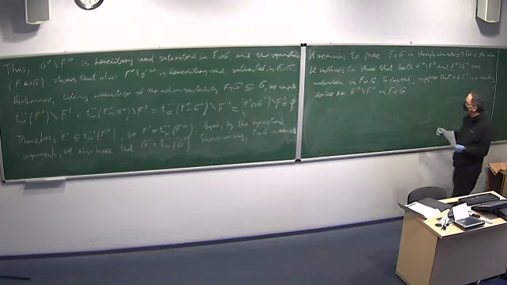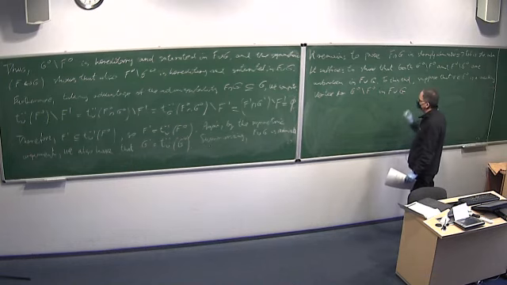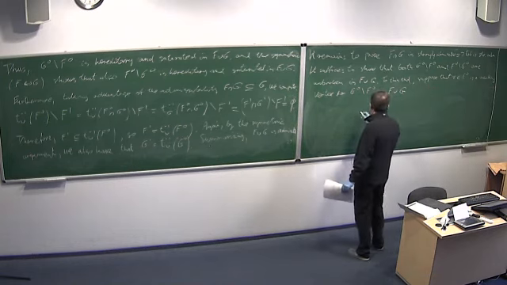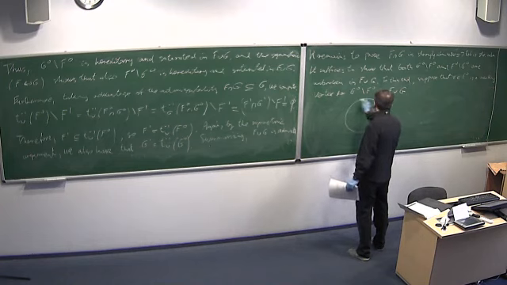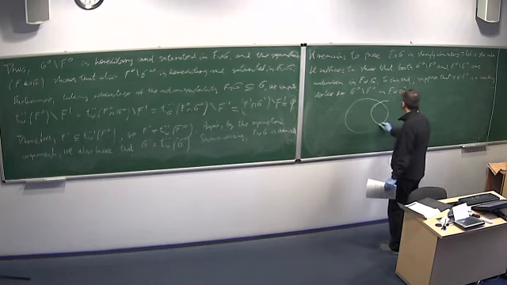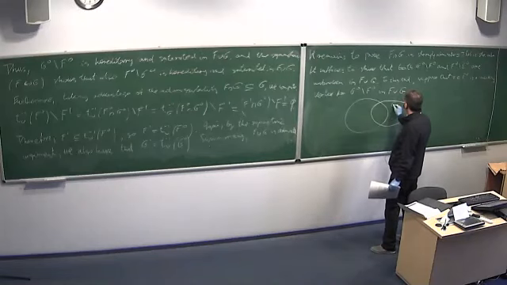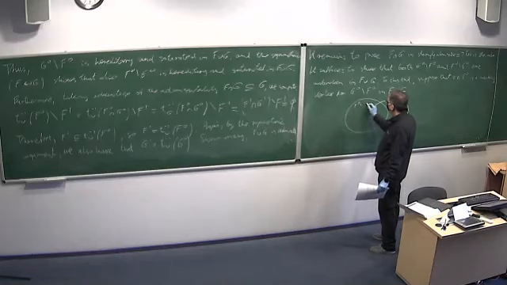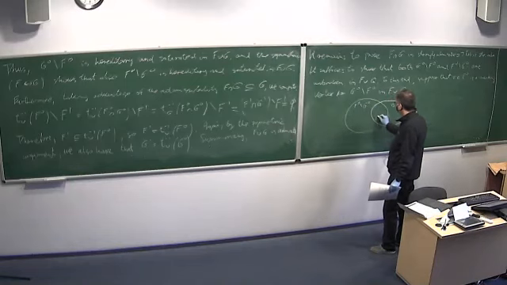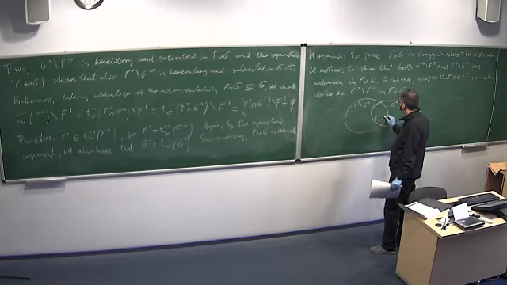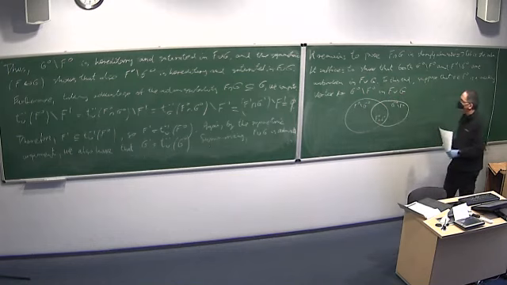Right, so maybe here it's good to make a picture. It's very similar to the picture we had before, but not the same. So here's my G naught less F naught, my F naught less G naught, and the intersection.